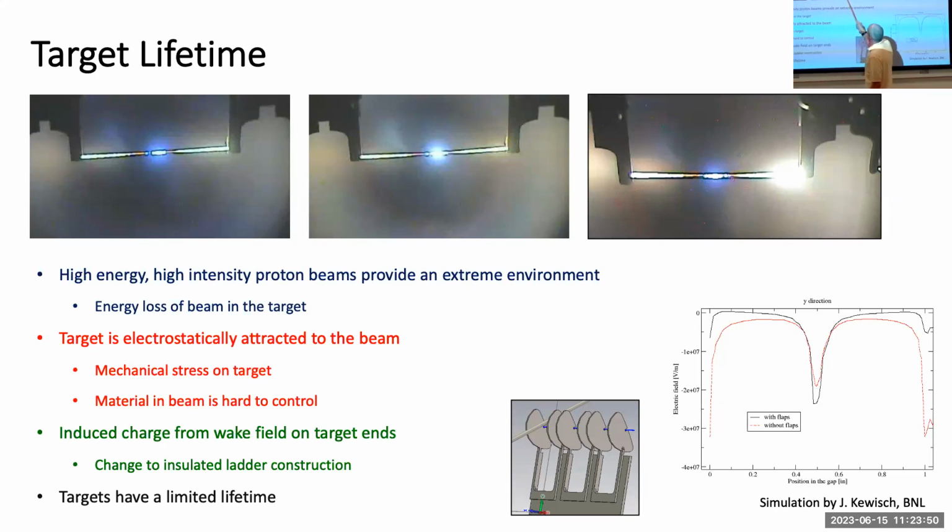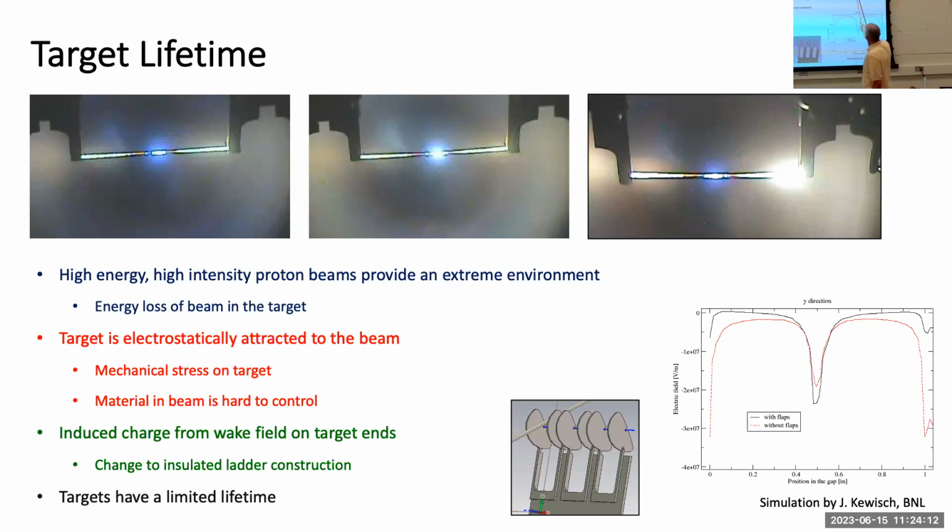You can see here the beam still is not on the target, and even here the beam is not on the target. You can see this heating up of the targets at the edge, or at the end where we have this holding fork, where this current actually is the largest from the induction of the wake fields.